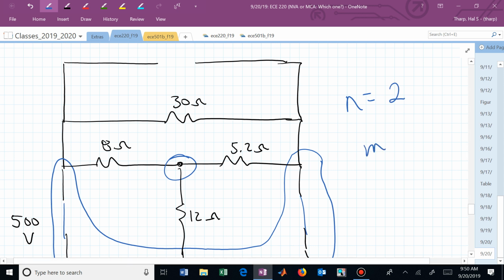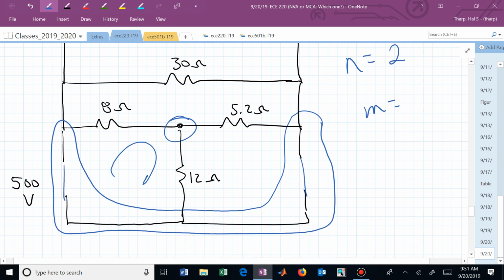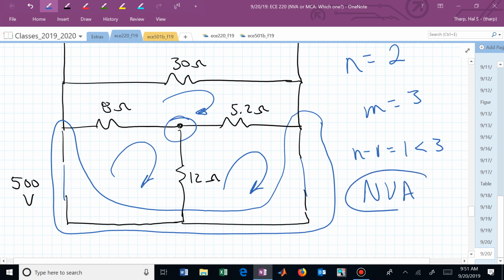How many M's do I have? What should I do? Yay! We win! Okay, so now you can do node voltage analysis on that circuit that I've erased.